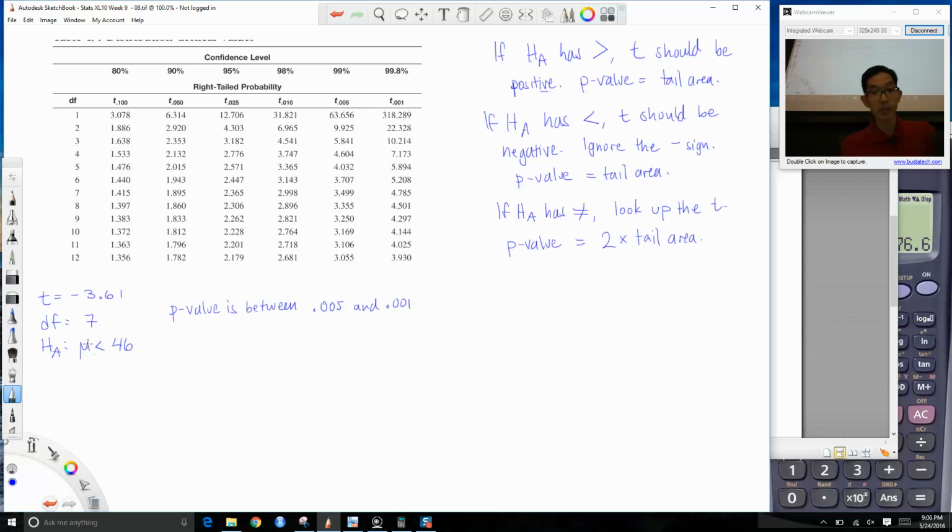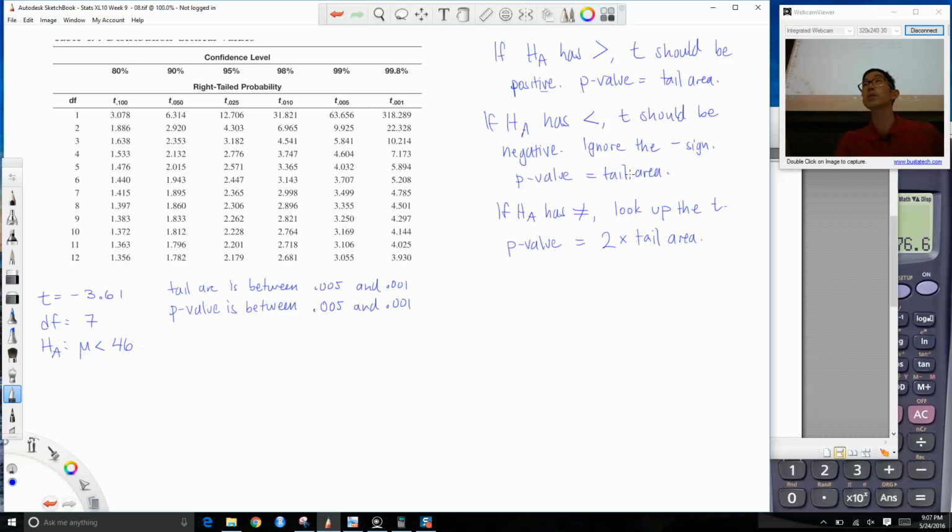In this scenario, because I have a less than sign, I should say my tail area is between 0.005 and 0.001. And over here, my p-value is equal to the tail area.